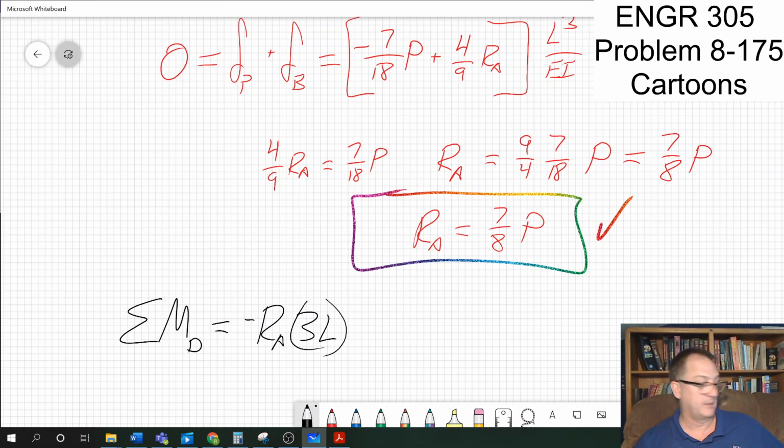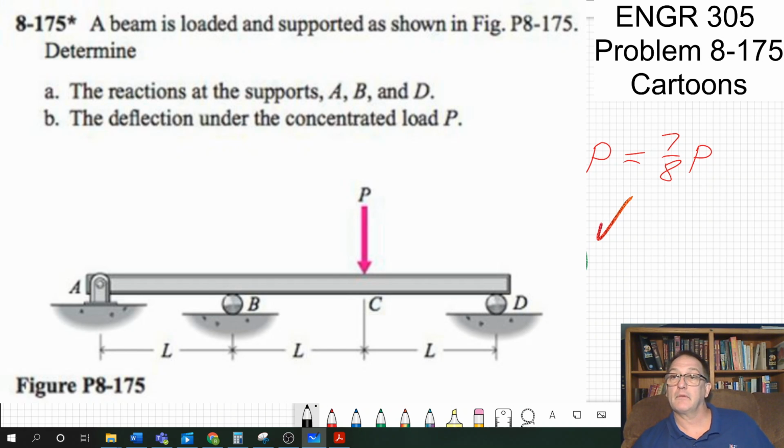Let's pull up the picture, because I can. The reaction force of A times 3L is going to be negative, and then minus the reaction force at B times 2L, plus, because P does actually go the right way, P times L is equal to 0.